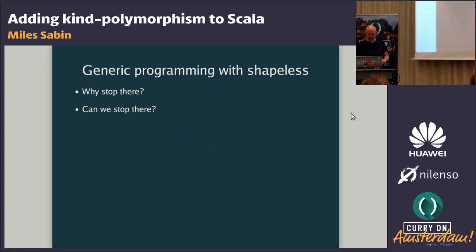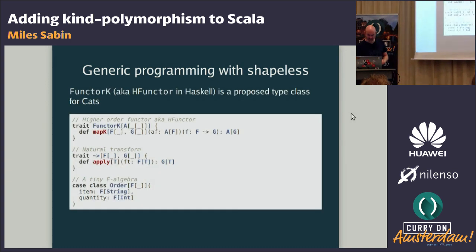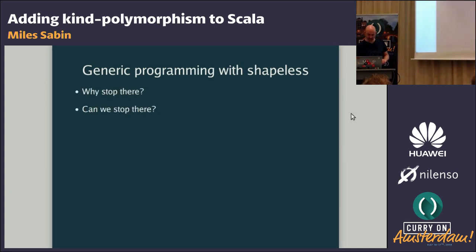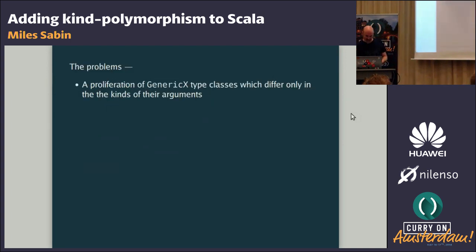So the real problem is that, let me just see where we got to. We end up with a proliferation of generic X type classes. I've shown you two kinds, but kinds don't stop at star, arrow, star.